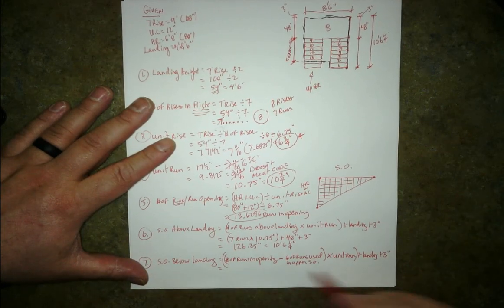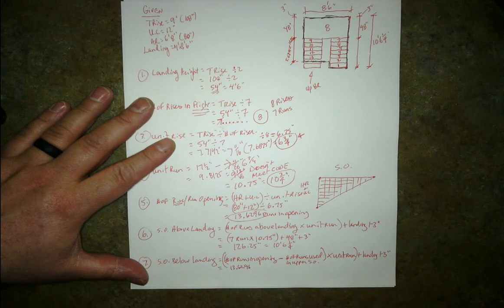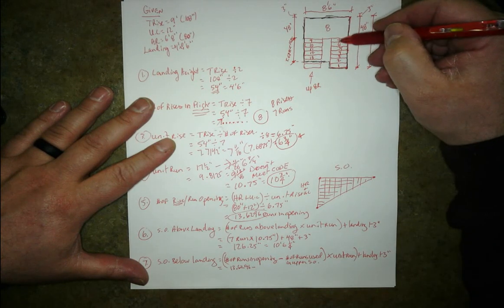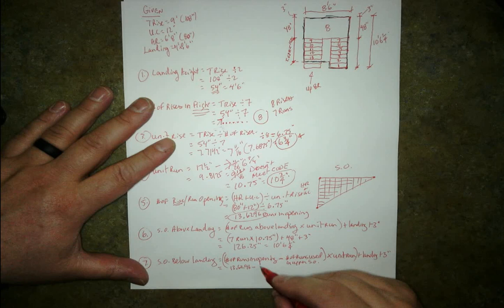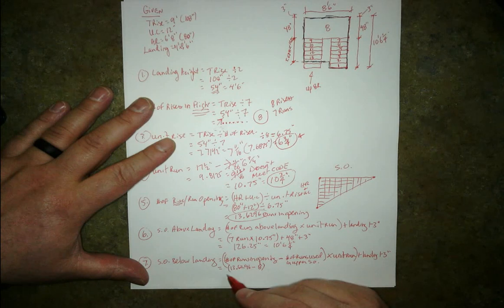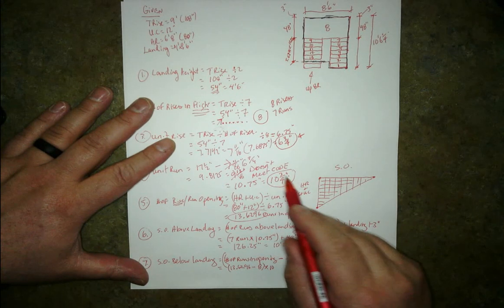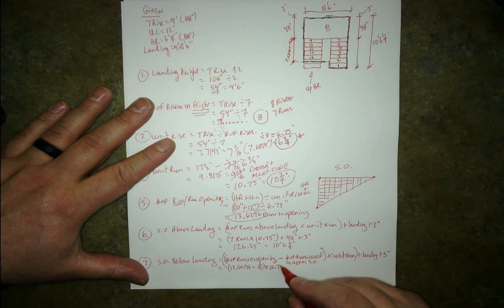So if I write all that down, the number of runs in the opening was 13.6296. How many runs did I use? Well, I used 7 here plus the landing, so 8, so I'm taking away 8. Then I throw some brackets on that and multiply by my 10.75, 10 3/4.